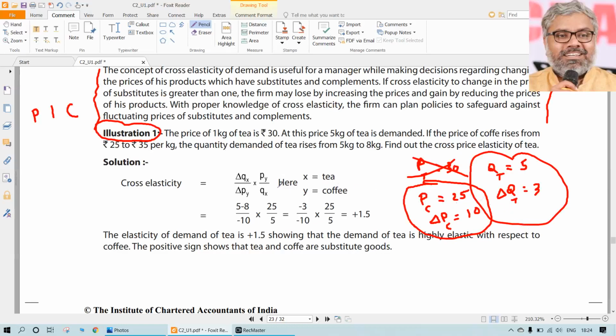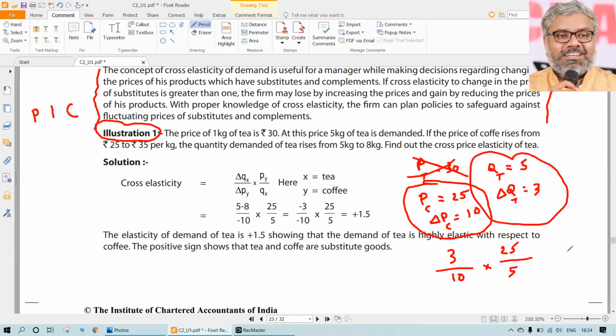So what is the formula here? Delta Q by delta P into P by Q. Delta Q is available for tea. So 3 divided by delta P, which is available for coffee. So 3 divided by 10 into original P, which is 25, divided by Q. Original Q is 5.